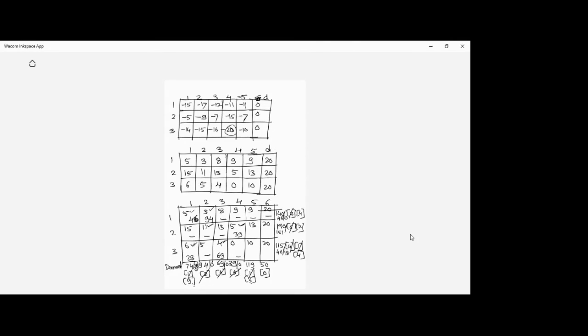So in here we can calculate the penalty, right? Here it is 20 minus 13, that is equal to 7, and here it is 20 minus 10 is equal to 10. Now we can do the maximum allocation in which particular cell that we can have to decide.